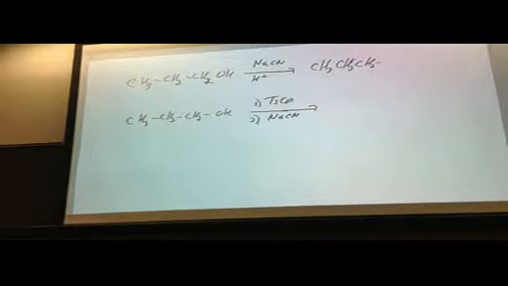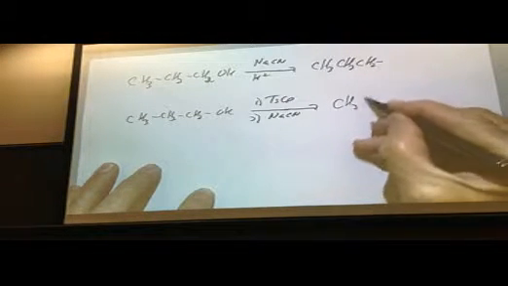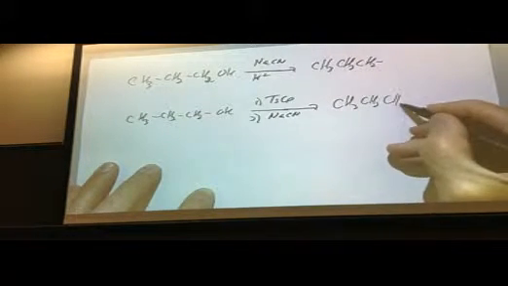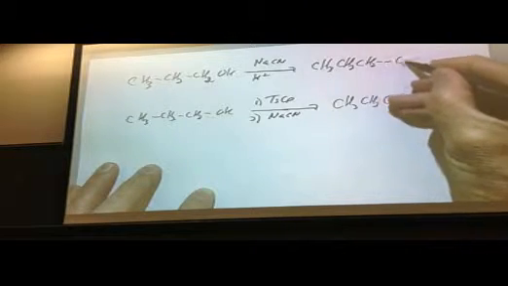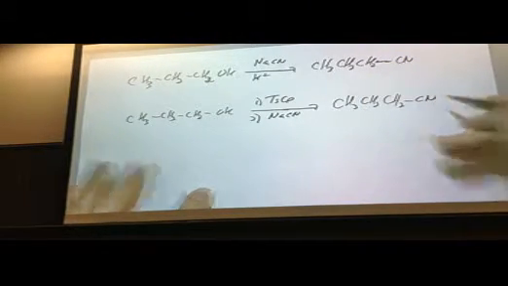And what's going to get substituted? Either OH or a halogen. That's it. Okay? So that makes life simple. So in both these cases, I'm going to get substitution.